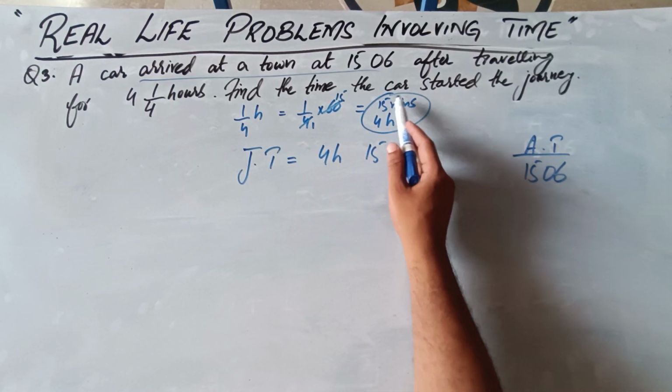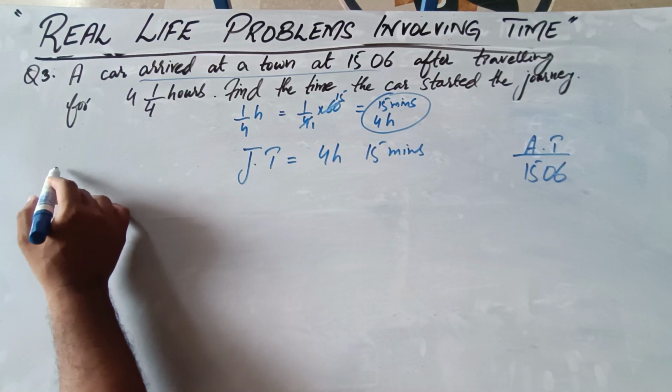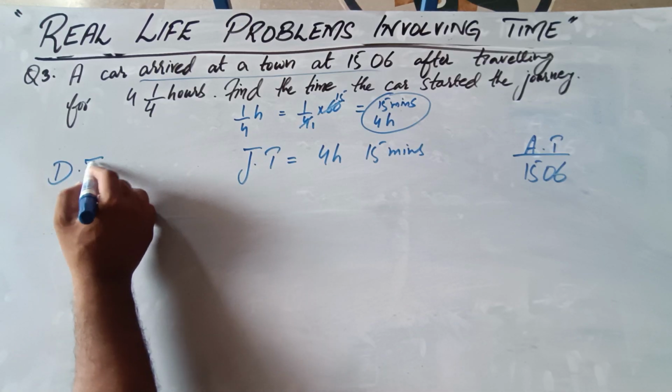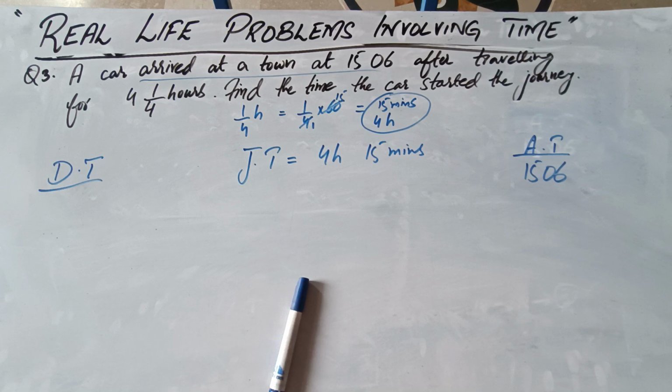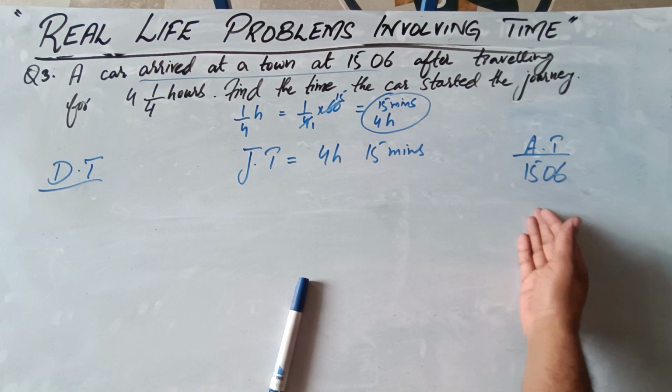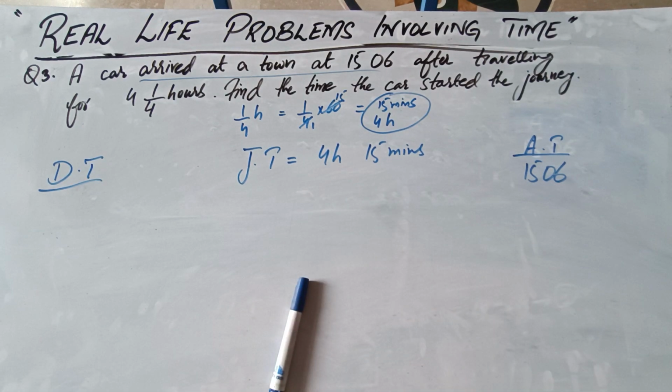Find the time the car started the journey, means the departure time is unknown over here. So always write in the same manner, because departure, then journey, then arrival. So keep the format the same way, because arrival is given, journey time is also given, and we need to find out the departure time, when the car started the journey.